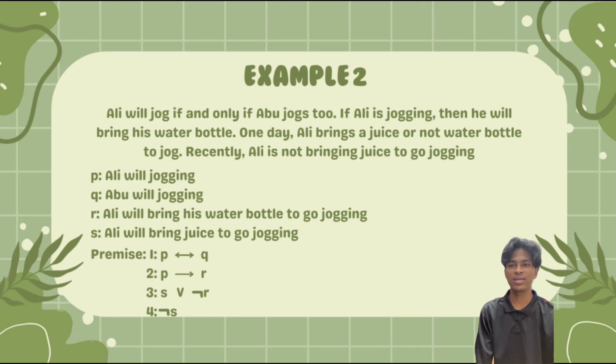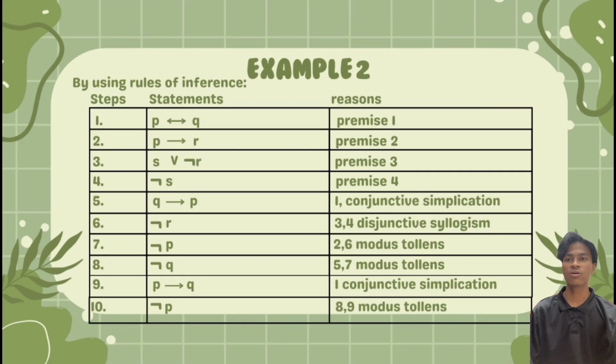So the first one is P if and only if Q. Second, P then R. Third, S or not R. And fourth is not S. So by using the rules of inference, we need to get the conclusion.